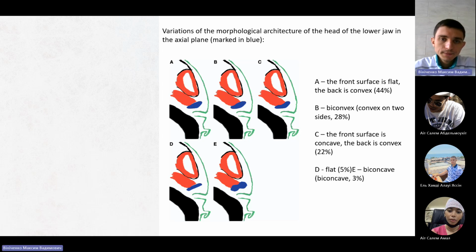We also see that 28% have the biconvex, or convex on two sides. Number on picture C, 22% of patients have the front surface which is concave and the back that is convex. So the front is concave, back is convex, and this is flat, or we call it biconcave. Only 3% of patients would have this anatomy as normal.